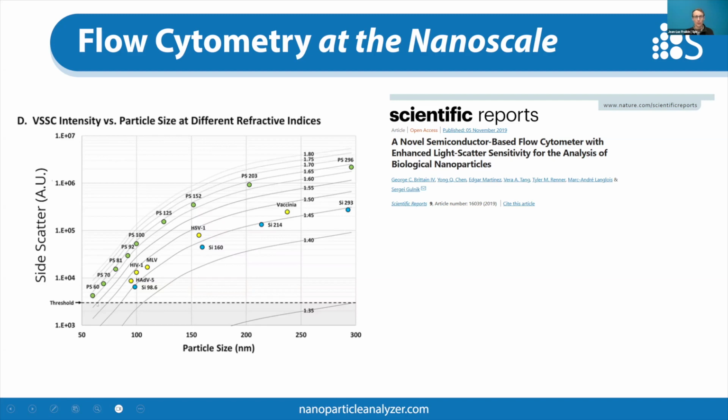Okay, so all the green dots are polystyrene beads. Those are ubiquitous, and so you get the scatter versus particle size dependence for polystyrene. And that's very different than these yellow dots, which are viruses, right? And then that's different still from silica, which are these blue particles, okay? And these streamlines that are on here are lines of constant refractive index.